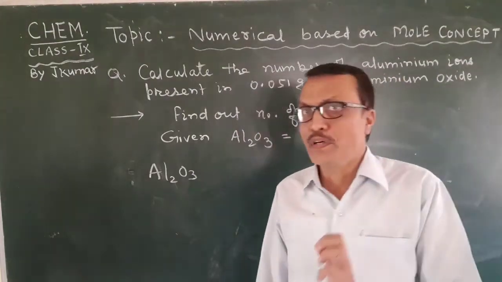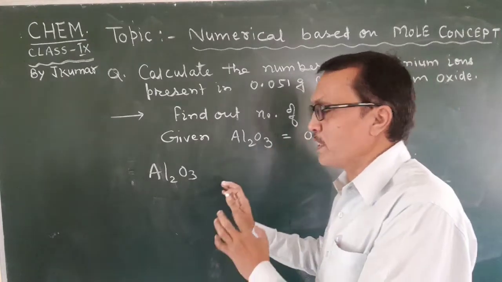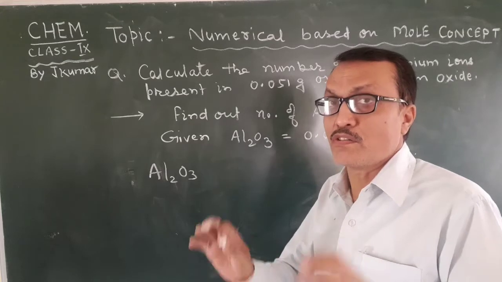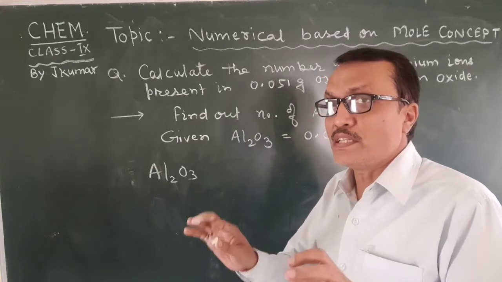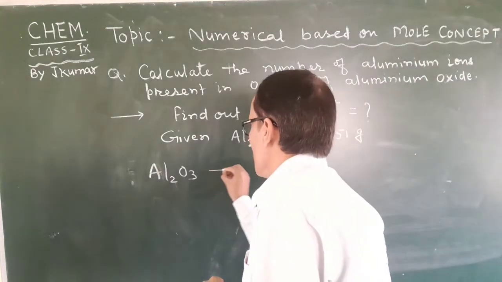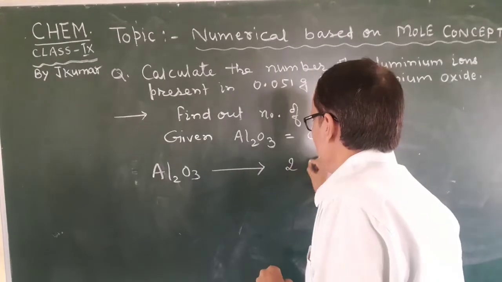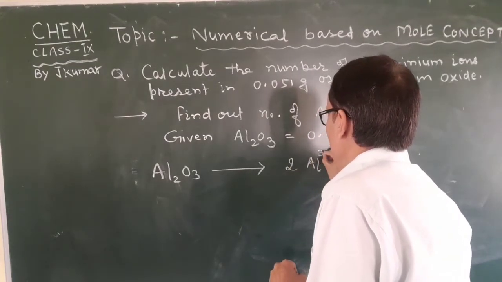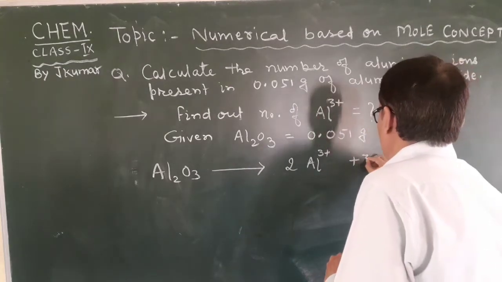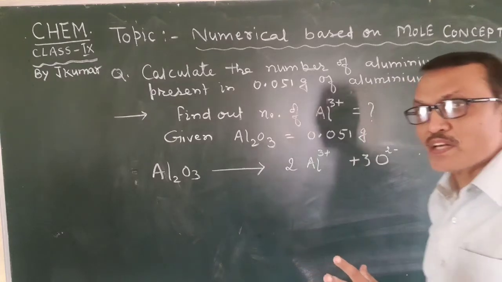Now think over it: when will you get aluminum ion from aluminum oxide? Certainly when aluminum oxide decomposes, it gives out aluminum ions. So I am going to write this equation like this: Al2O3 gives 2Al3+ and 3O2-.